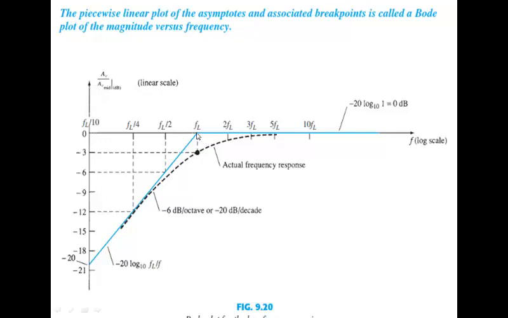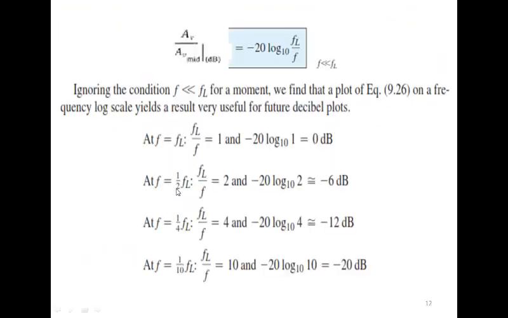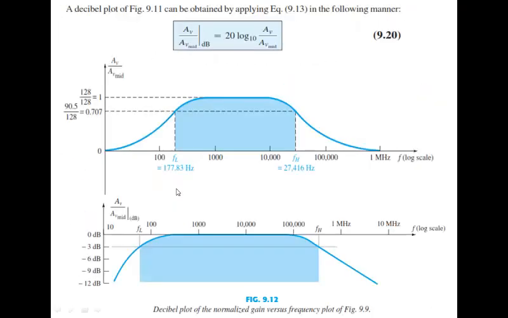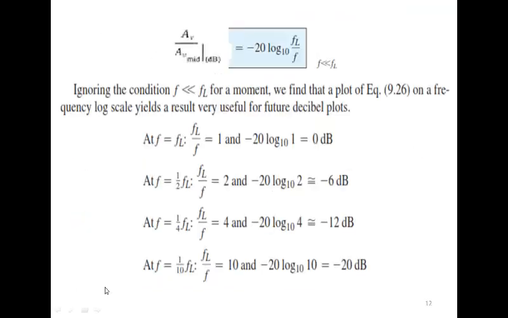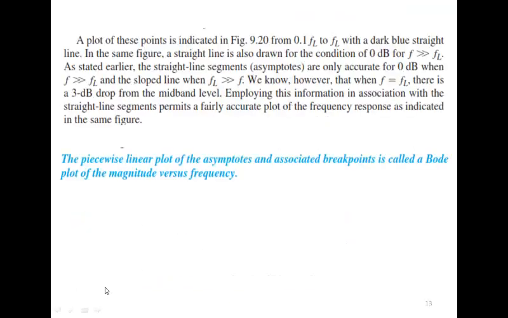So cutoff frequency is the break frequency, where the response is changing from one level to the other level that we have seen in this plot. So as you approach the cutoff frequency, the response is changing from one level to the other level. The piecewise linear plot of the asymptotes and associated breakpoints is called a Bode plot of the magnitude versus frequency.